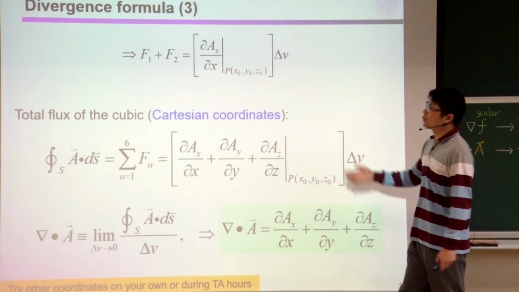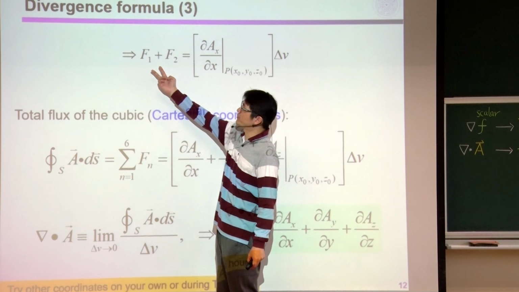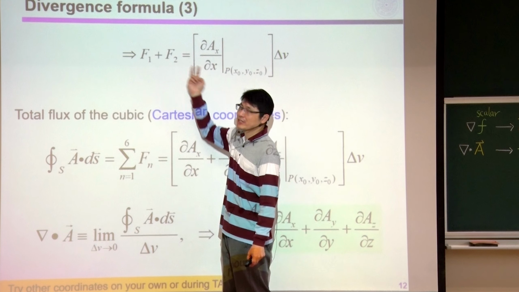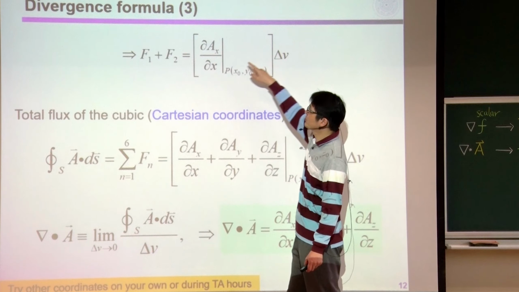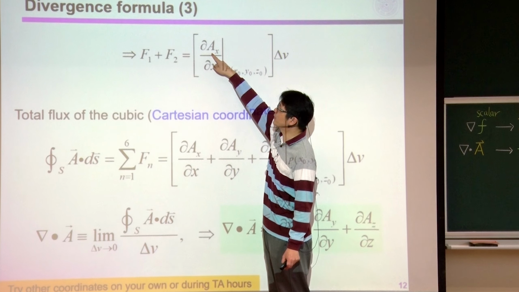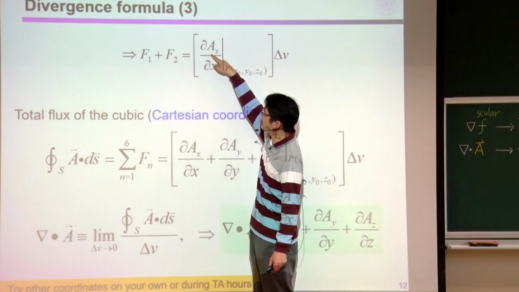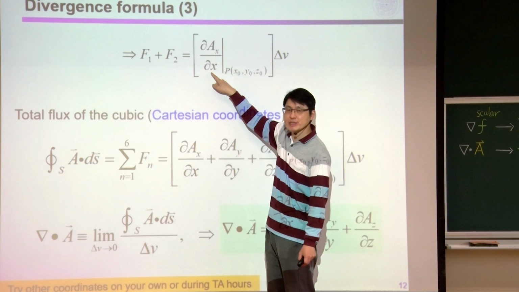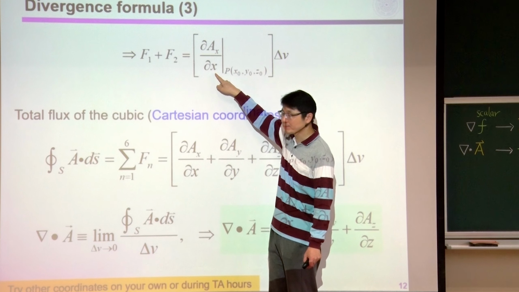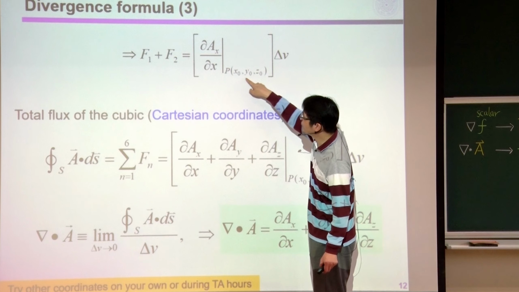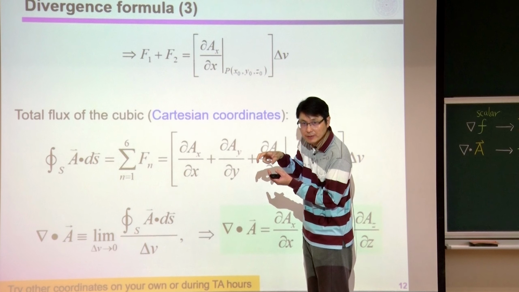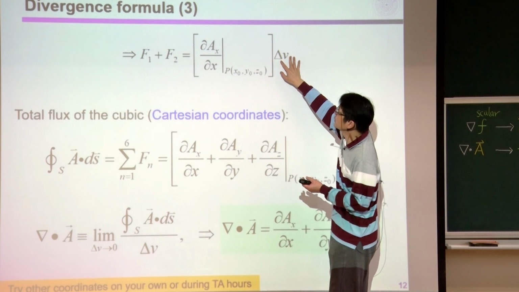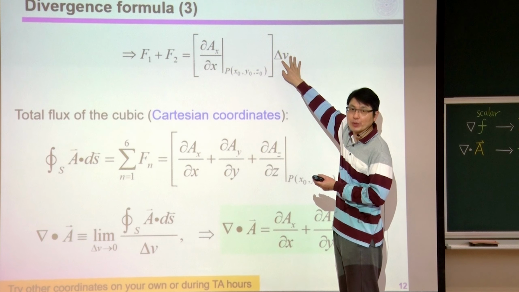When I add the flow on the front surface plus the back surface, what remains is the partial differentiation of the ax component with respect to x, evaluated at the center point of my cube and multiplied by the differential value.